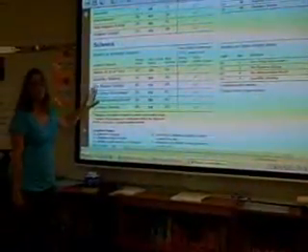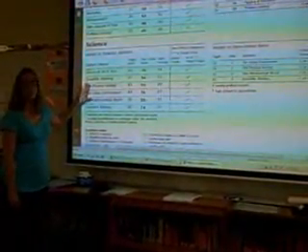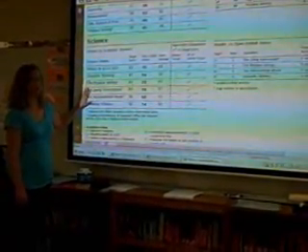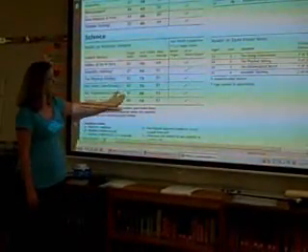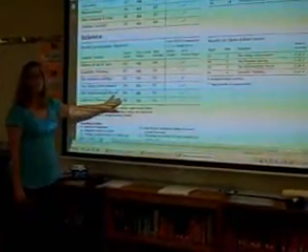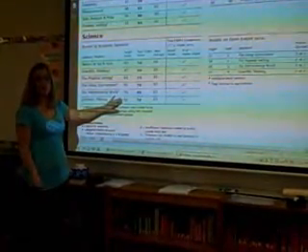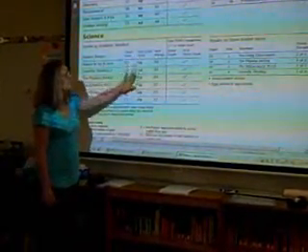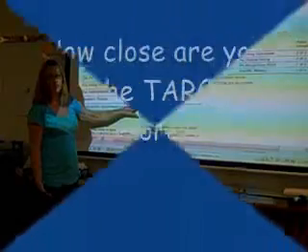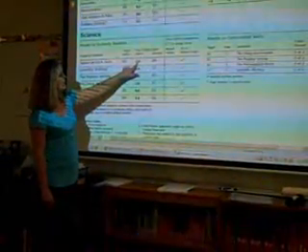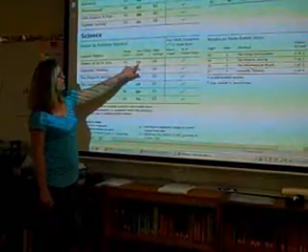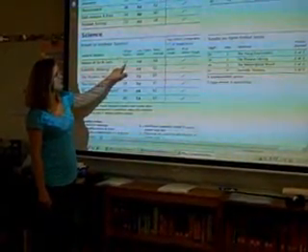On the bottom of your sheet, this is where it breaks down how you did on each type of question. The target score is that first column listed there, and that is the score that they want you to get on your ISTEP test. And this middle score is what you actually got. So you can see here that this child got a 70 and the target score was a 62.